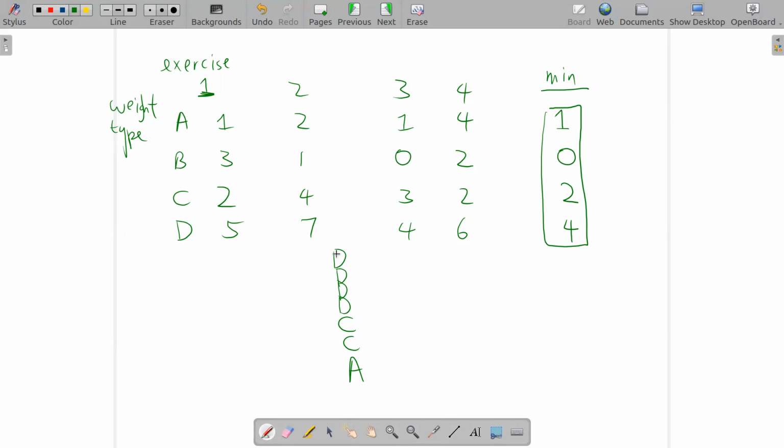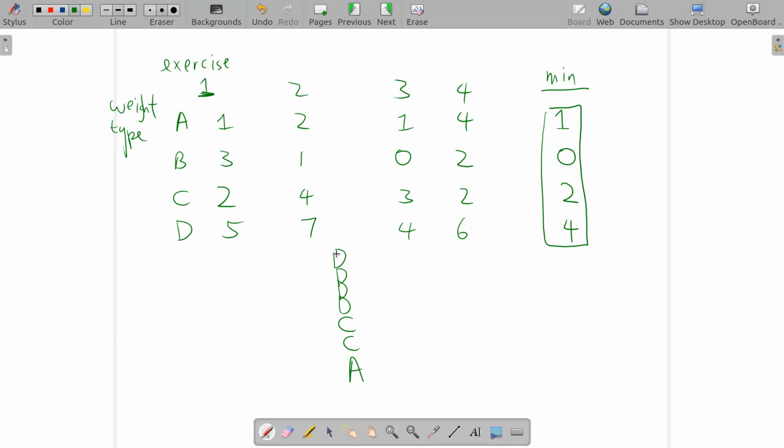Okay, so that's the first observation: if you take the minimum of each type of weight across all exercises, then you should put them in the very bottom, because now you don't have to move them at all from one exercise to the next.